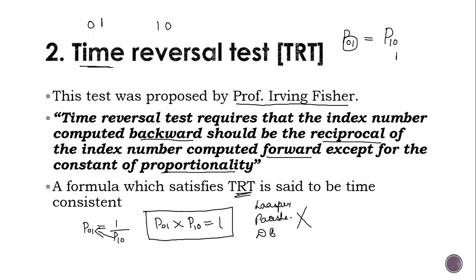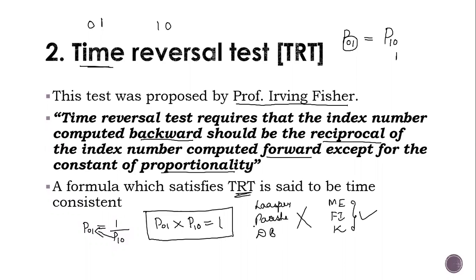TRT will not be satisfied under the Laspeyres, Paasche and Dorbish-Bowley methods. Whereas Marshall-Edgeworth, Fisher index and Kelly's method, these 3 methods will satisfy it. So TRT will be satisfied by Marshall-Edgeworth, Fisher index and Kelly's method, whereas it will not be satisfied by Laspeyres, Paasche and Dorbish-Bowley.